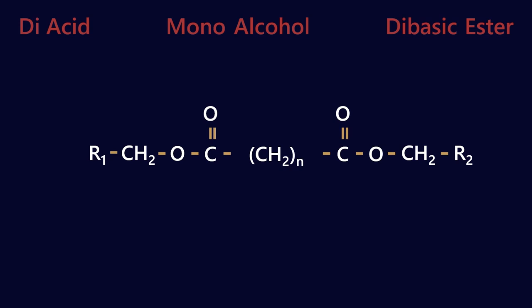And the number of carbons that sits in between the ester functional groups dictates the name. So you may have heard of an adipate ester, for example, or an azelate ester. That's really referring to the number of saturated carbons that sits in between the ester functional groups. So an adipate ester, for example, has 4 saturated carbons that sit in between. Okay, so that's dibasic esters.